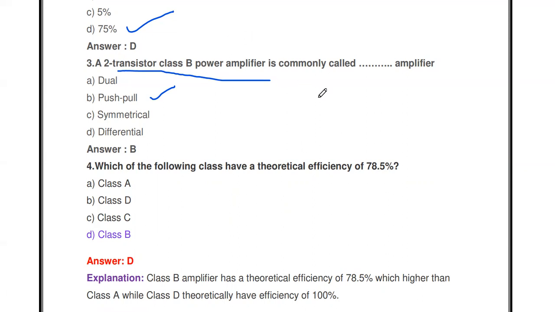So to construct a class B power amplifier, either complementary symmetry class B or push-pull class B, we have to use two transistors. This two transistor class B power amplifier is commonly called a push-pull power amplifier.